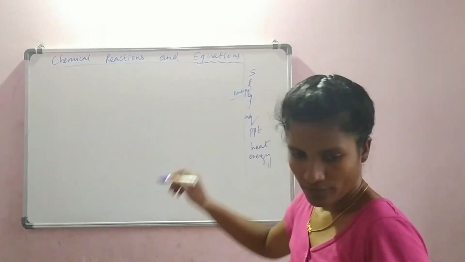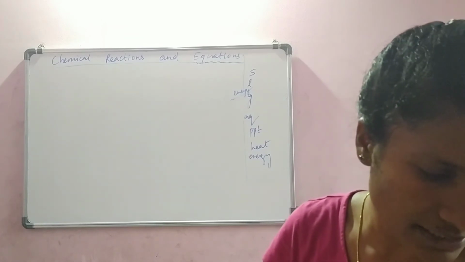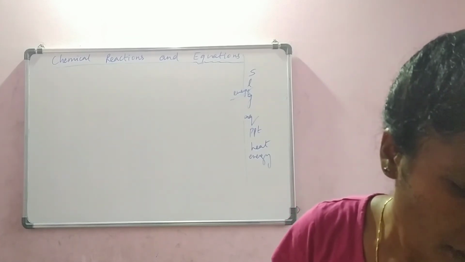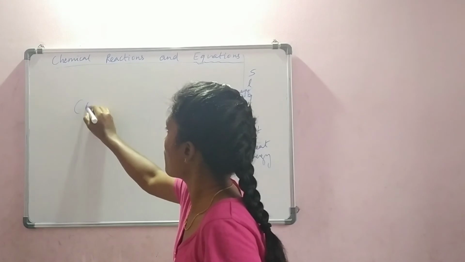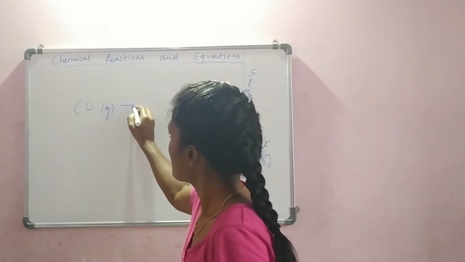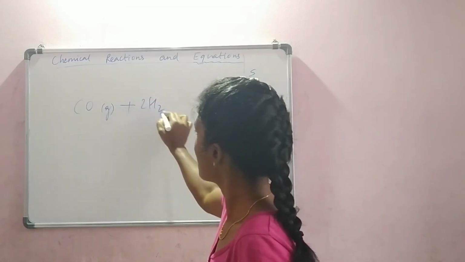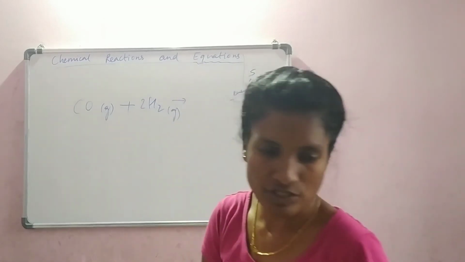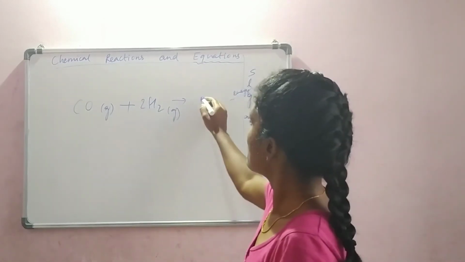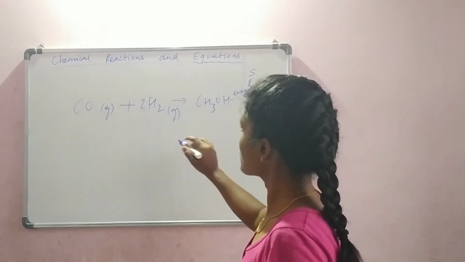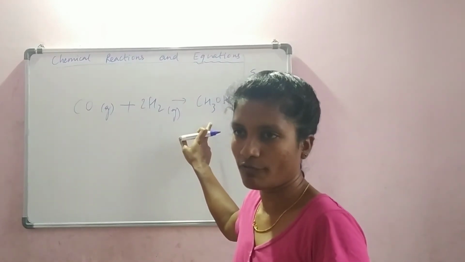Then there is another kind of reaction. Let us say carbon monoxide reacting with hydrogen gas gives us CH3OH. This is a new formula for us.